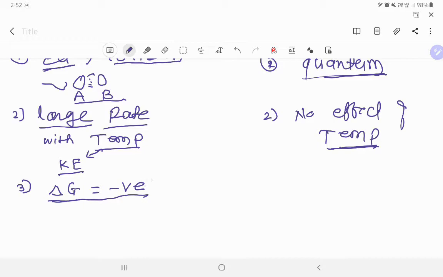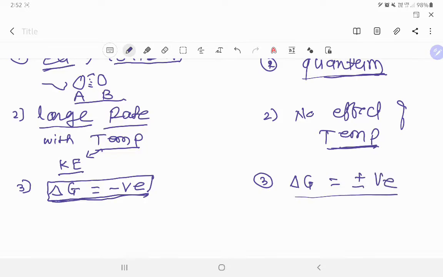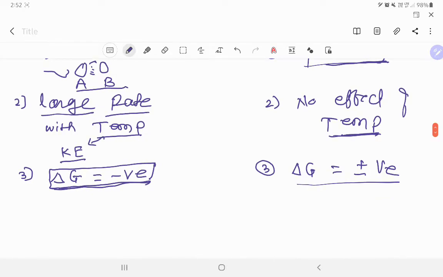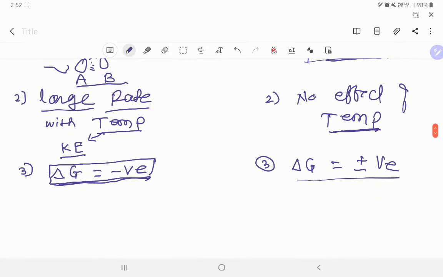In thermodynamics, you know this: if delta G is negative, then and only then the reaction is spontaneous. But in case of photochemical reaction, this delta G may be positive or negative, because the energy is transferred from light energy to chemical energy.